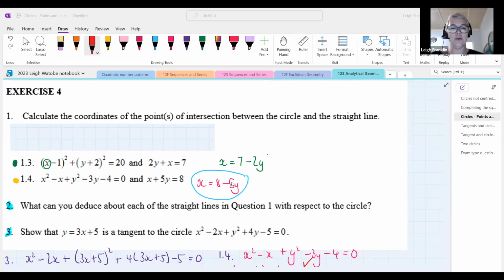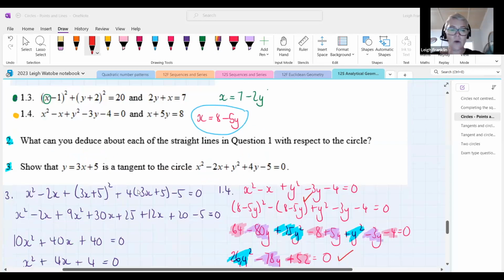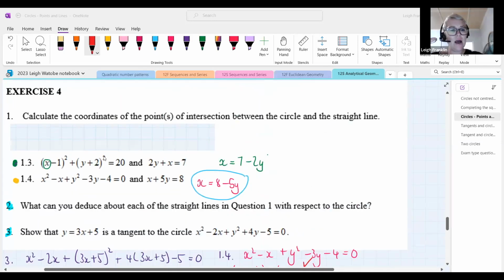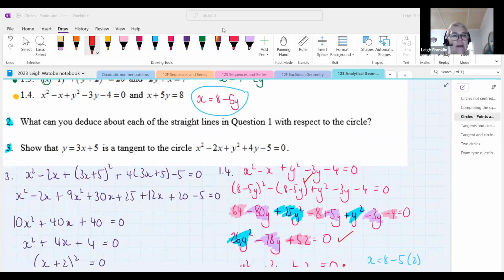So then we would say that the line 2y plus x equals 7 is a tangent to the circle. In 1.4, we ended up with 2 points. So we would say that the line x plus 5y equals 8 is a secant to the circle. That's what they were asking us in question 2.